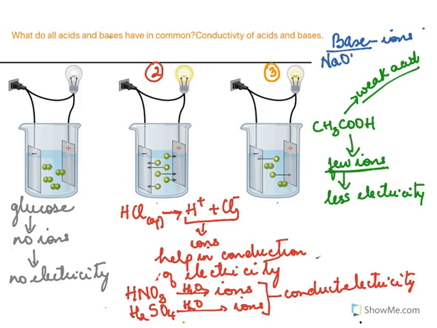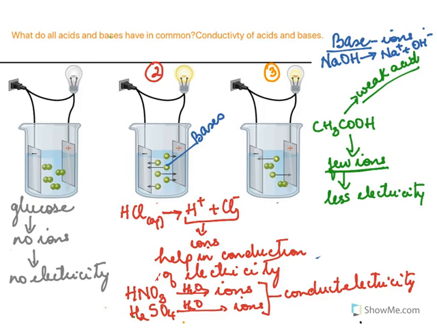Like NaOH is a base. NaOH will break up to give you Na plus and OH negative. They give out ions. So bases here will show the same behavior. They will make the bulb glow because they give out ions, and ions help in the conduction of electricity.